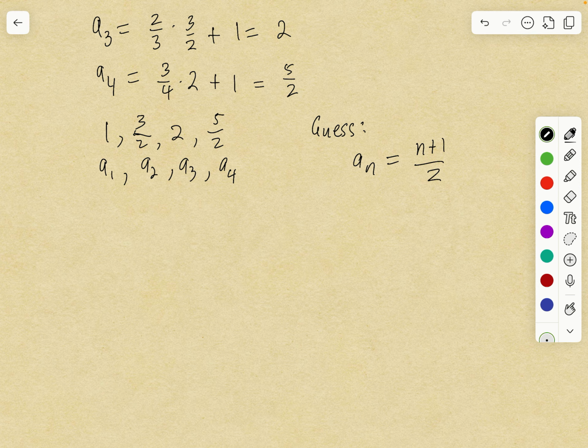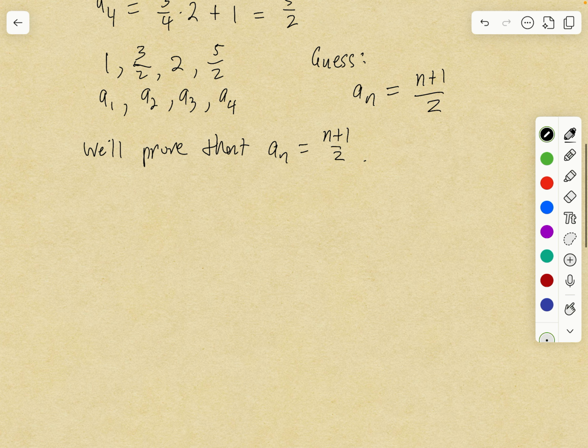So now let's prove that a sub n is (n plus 1) over 2 for all n. The first step is to use induction. We're going to prove this using induction. So the base case is when n equals 1.